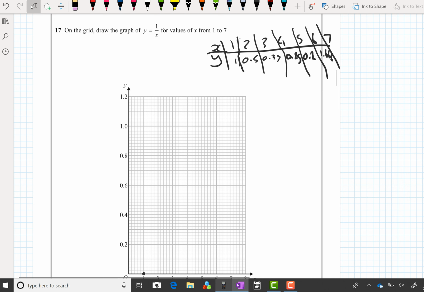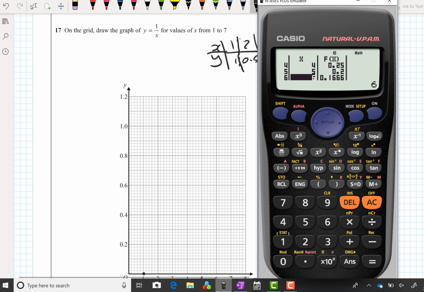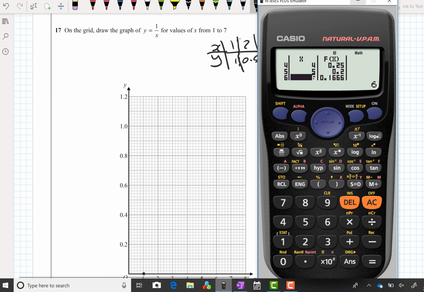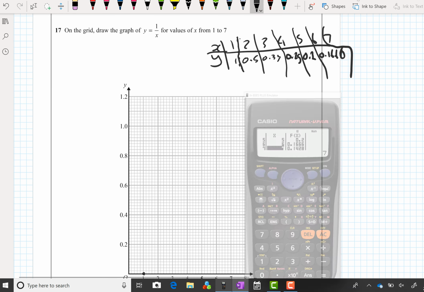So what have I done? Because it's 0.166, silly. Can't even read. 0.166. Last one. Sorry, for 7, the answer is 0.1428.